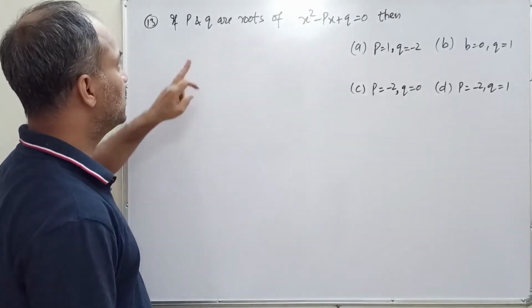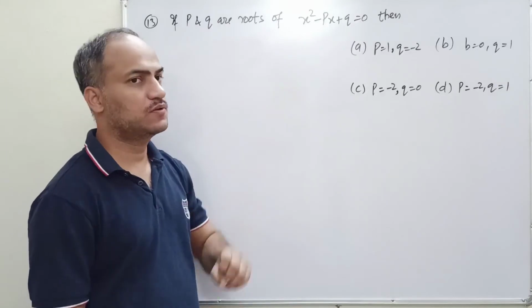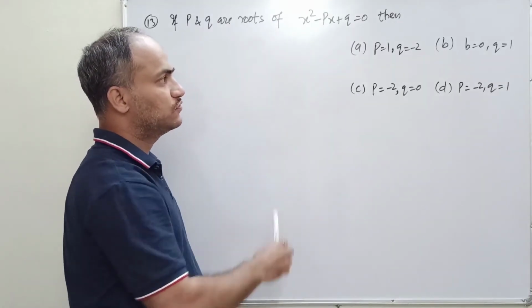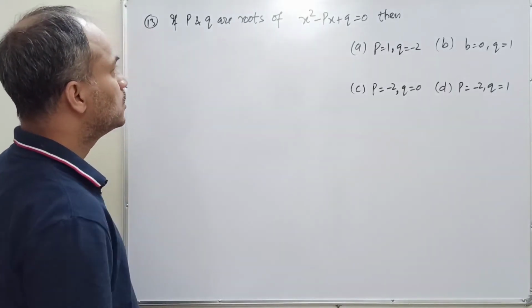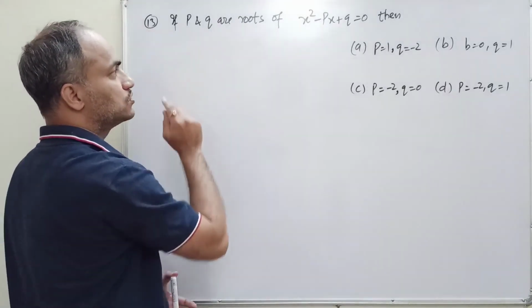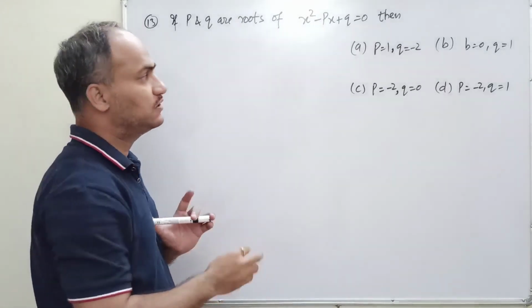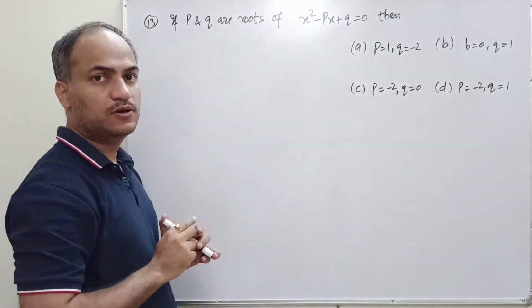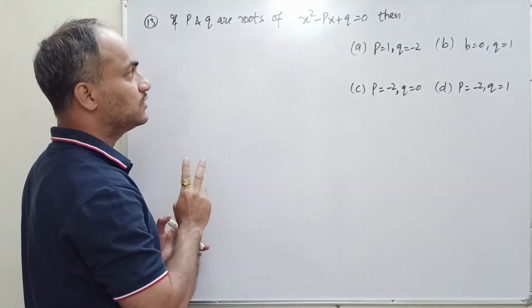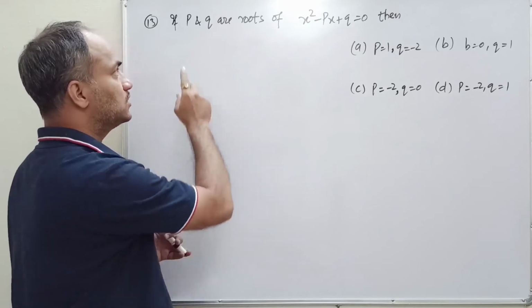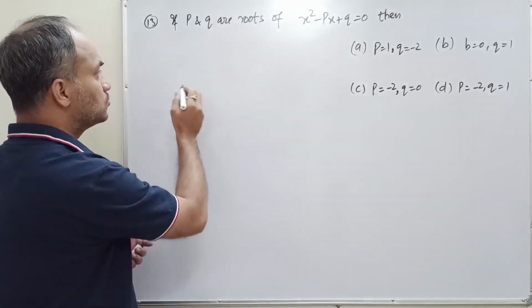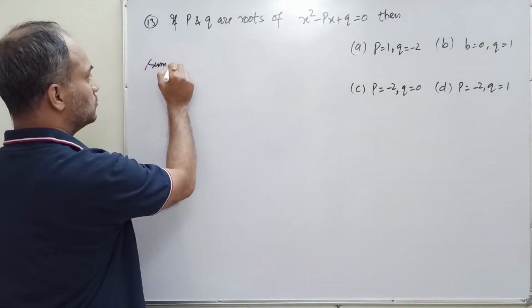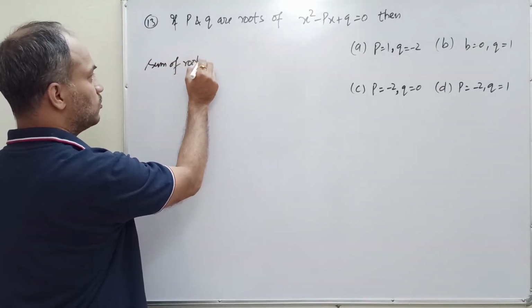In this question, P and Q are the roots of this given equation and these are the four options. We have to tell which one is correct. So since P and Q are roots, we can find many things. We can put them in, then also it will be okay. And we can do one more thing, that sum of roots and product of roots will also work. So we see sum of roots is how much?